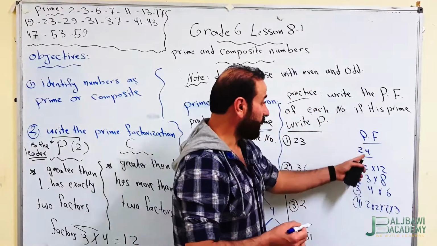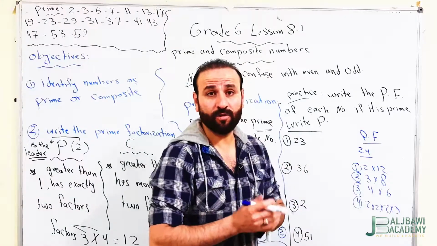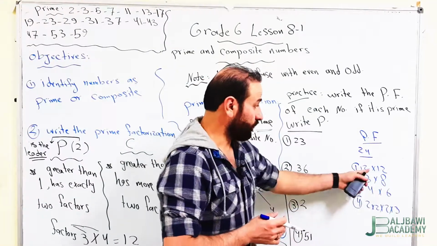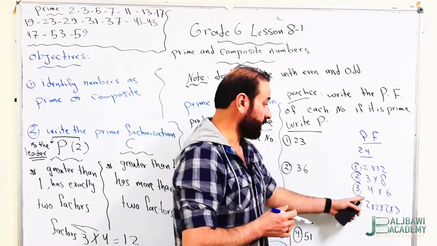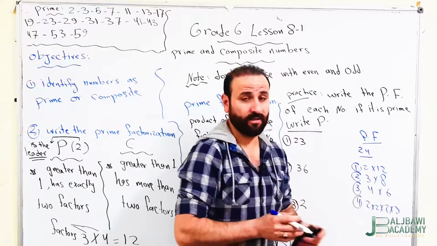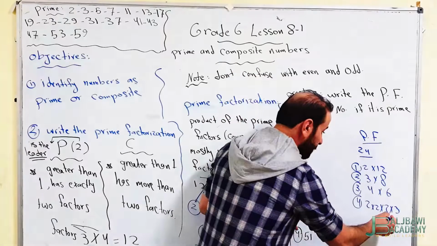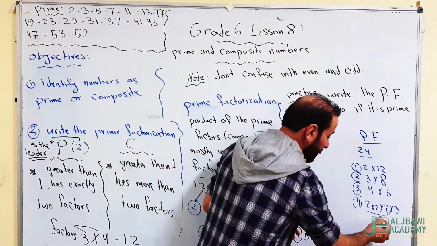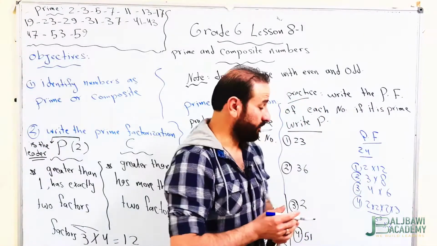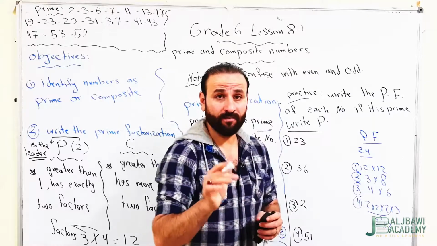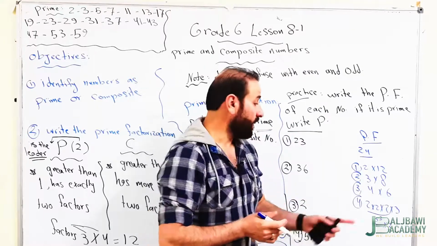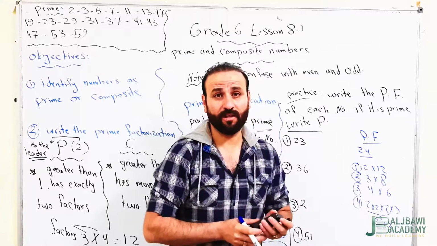So now what is the prime factorization of 24? Of course, we can write the last one as 2 to the third power multiply 3, or 2 cubed multiply 3. Now I give you advice. You can stop the video for just 1 minute and try to find the answer.